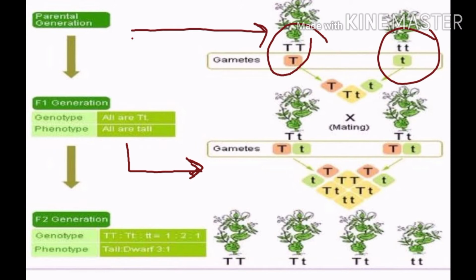Two copies of the trait are inherited in each sexually reproducing organism. Capital double T and capital T small t, as you can see here in this figure, are phenotypically tall plants, whereas small double t is a short plant. It means for a plant to be tall, a single copy of capital T is also enough.